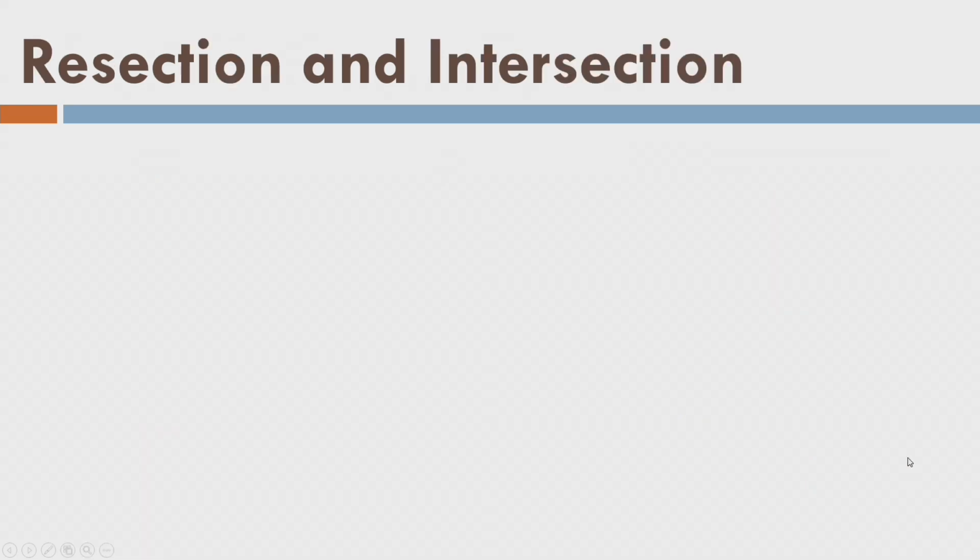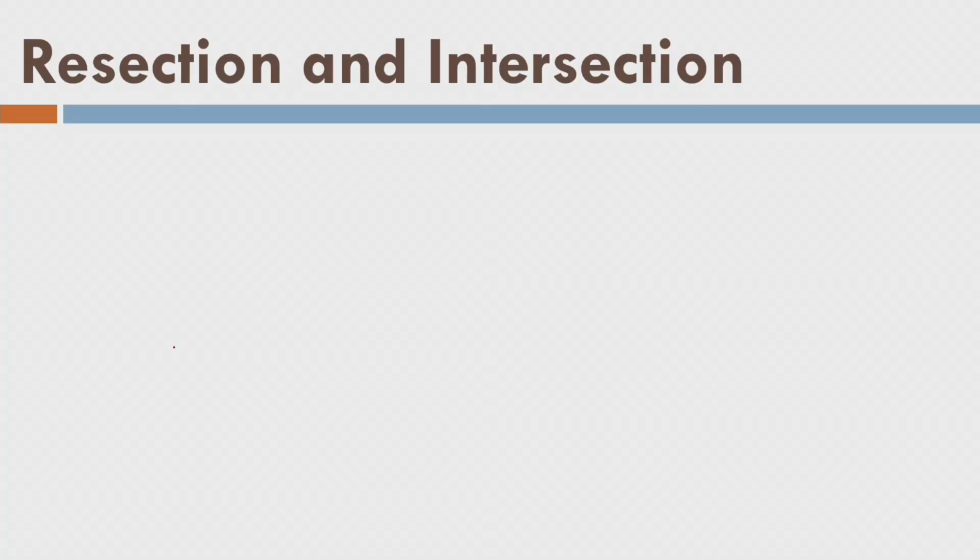Now let us look into the other possibilities. Another possibility is resection and intersection. What is resection and intersection? Let me repeat it for you, or we can recall it. Remember, there is an unknown point that I want to establish as a control point. Here we have A, a control point, B, another control point, and C, another control point. From this point I want to find out, let us say, x and y.